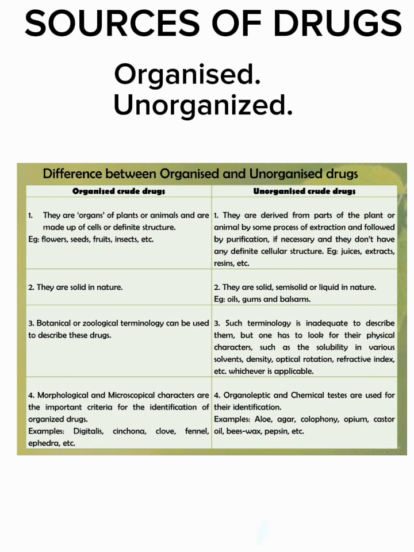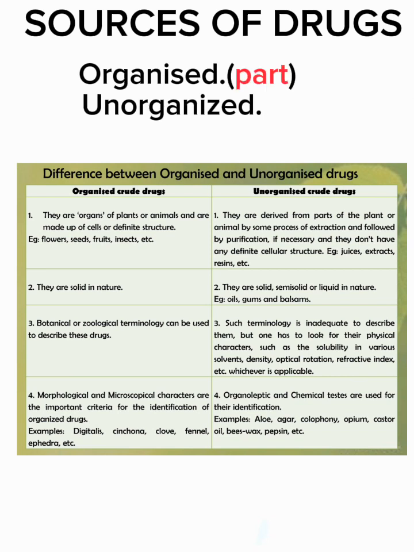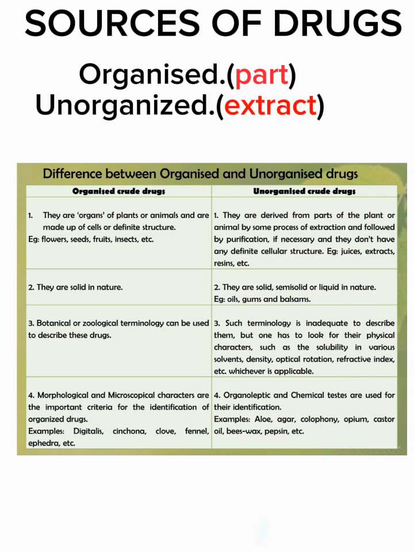Organized drugs are drugs that come from a particular part of the plant, things like leaves, flowers, fruits, seeds, roots, the bark, the stem. But unorganized drugs refer to drugs that come from mostly the extracts, for lack of a better word, for example, mucilages or gums.